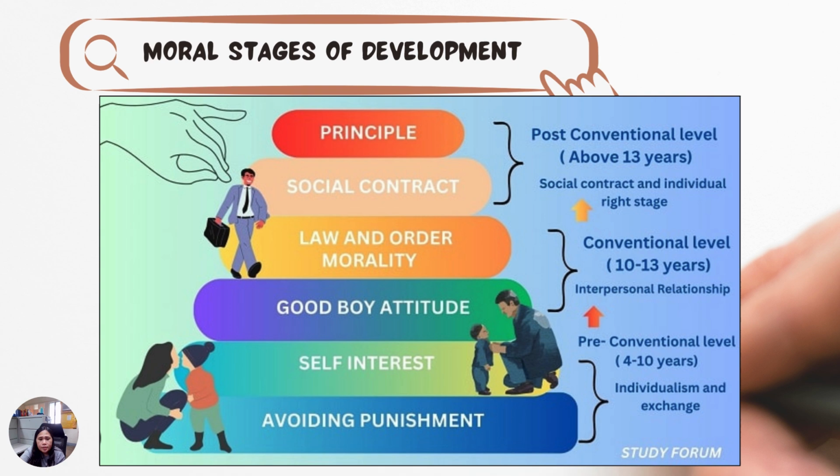Rules, laws and authority are seen as sacred because they preserve harmony and discipline. Example, as a working professional, I pay my tax. Of course, I don't have any choice because it is automatically deducted from my salary, because it is my duty, my responsibility.